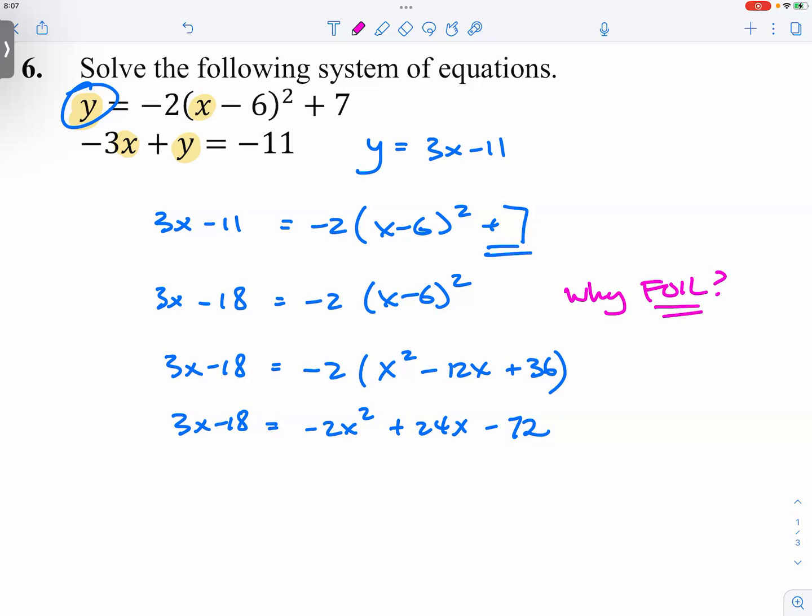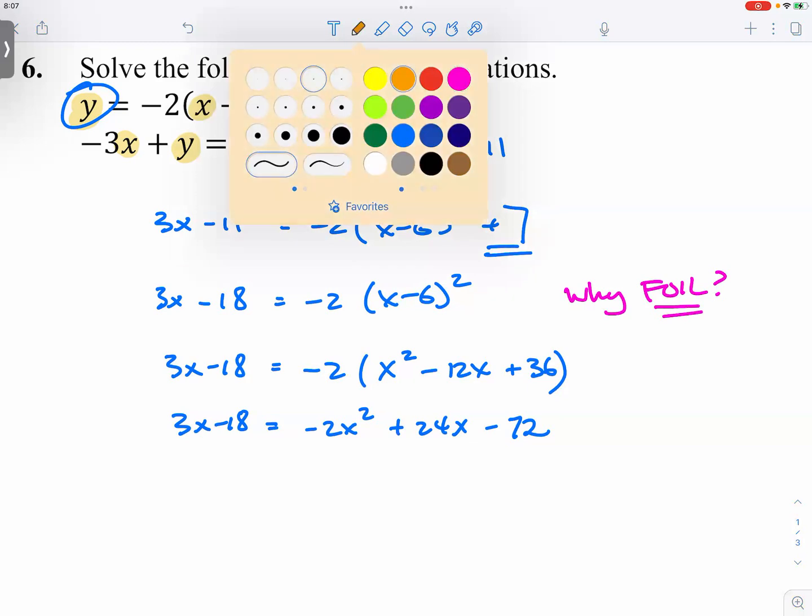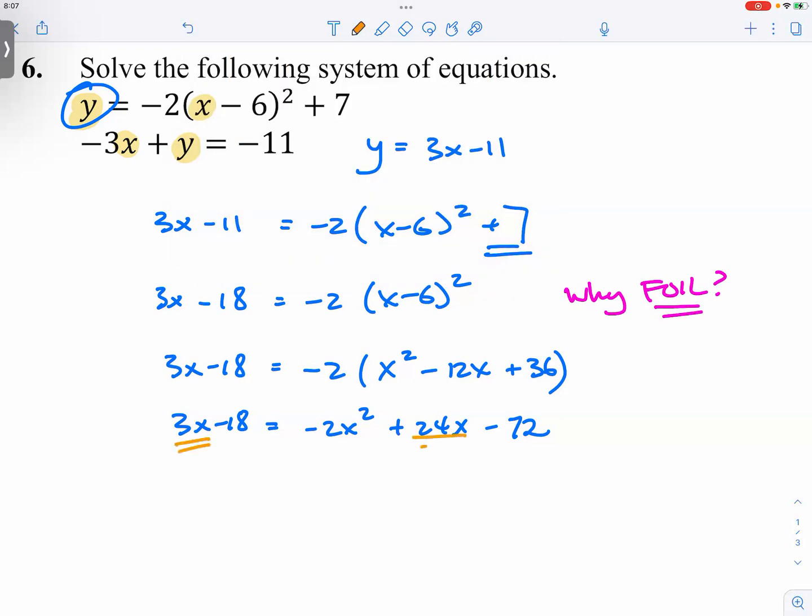The only reason why we need to do FOIL is because we can see that there are like terms to combine. That's the reason. And I cannot tell you that there will be like terms to combine at this stage, because there are no like terms to combine at this point. But you've got to see like, oh yeah, I could do FOIL, but what's the benefit of doing FOIL? Oh my God, you can actually combine like terms.